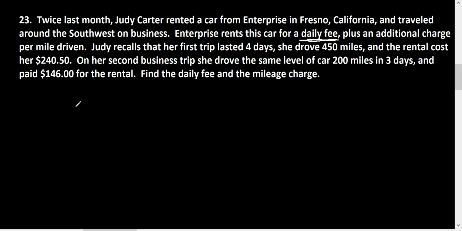So we could have a daily fee, let's call it F for fee, plus mileage for the per mile driven. So there's a charge for per mile driven, depending on how many miles you drive. So we could say there's a charge, let's call it C, depending on the number of miles driven.